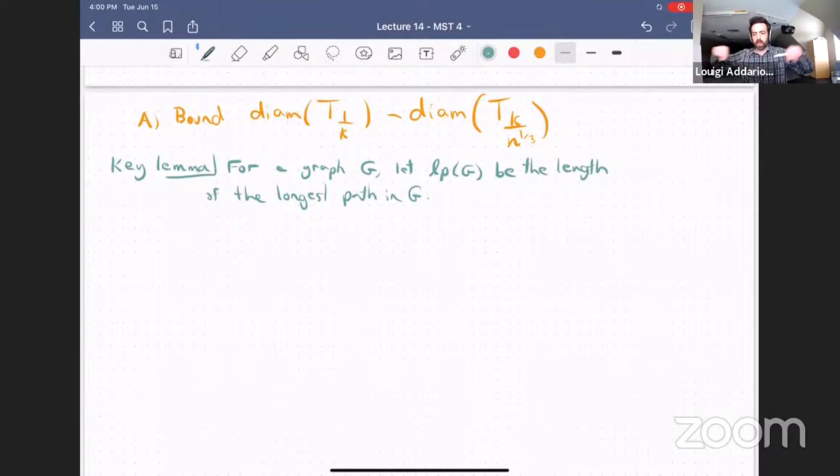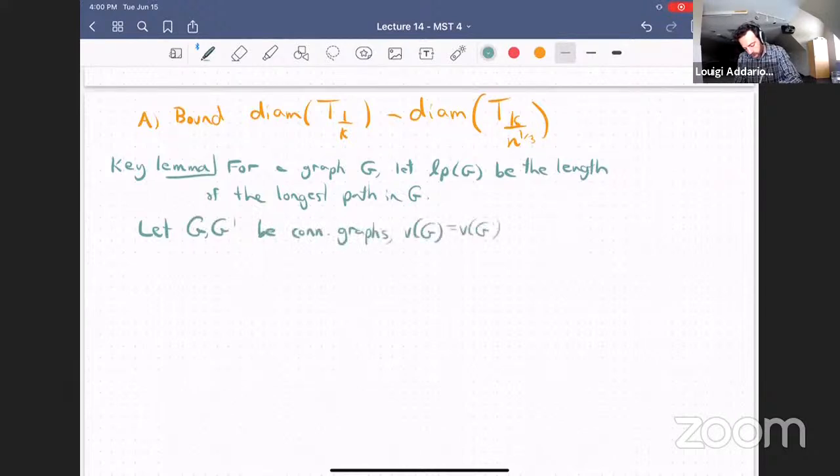It doesn't have to be a geodesic of any kind. You can take any path you like. And now we'll look at graphs G and G prime, connected graphs with the same vertex set, but G is a subgraph of G prime.